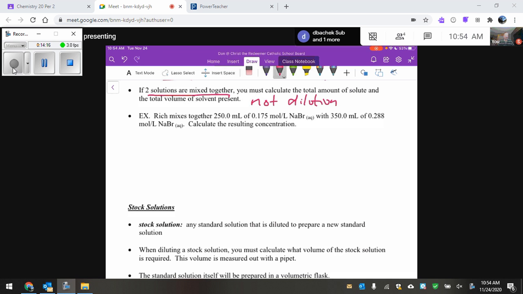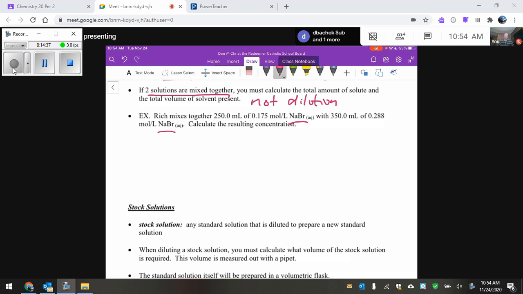I am mixing two different beakers together. I did an example at the beginning of this unit where I mixed two solutions together and got a precipitate. That's not this. That was two different compounds. Here, you'll notice they're both NaBr.